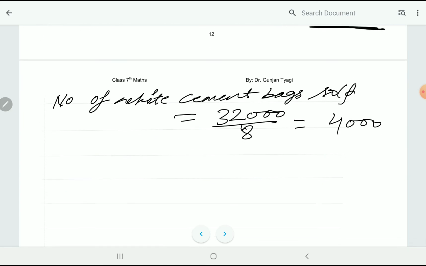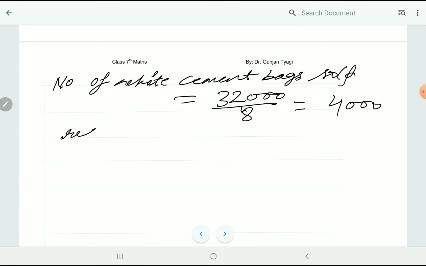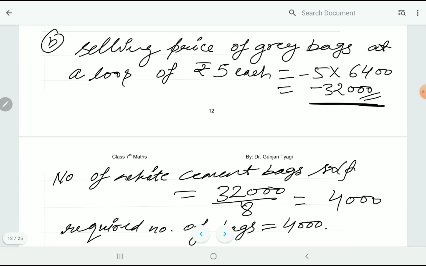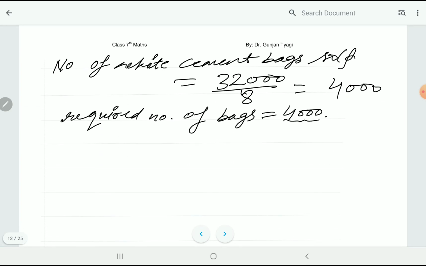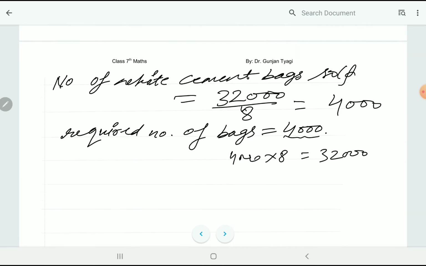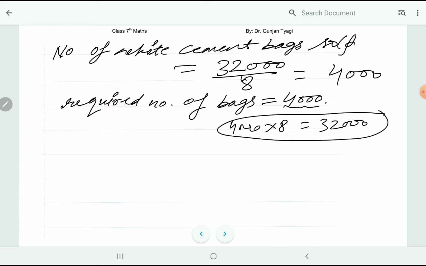So the required number of bags is 4000, which need to be sold to compensate the loss of 32,000, because 4000 bags वाइट सीमेंट का सेल करने पर 4000 मल्टीप्लाई 8 इज इक्वल टू 32,000 का प्रॉफिट होगा, और 32,000 का लॉस हो चुका है तो कंपनसेट हो जाएगा, नो प्रॉफिट नो लॉस होगा. सो आंसर इज़ 4000 बैग्स.